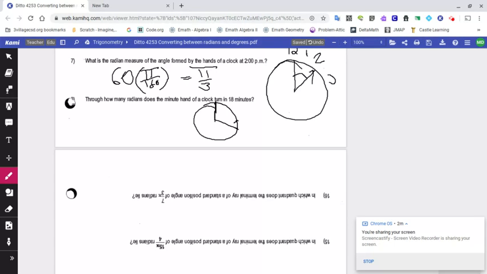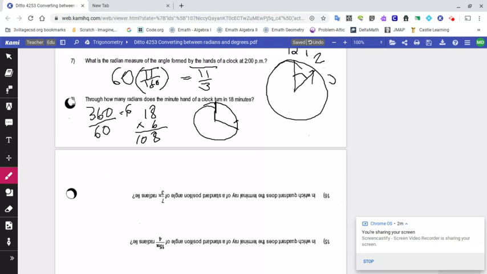Because 360 degrees divided by 60 minutes, each little tick of the minute in the clock is going to be 6 degrees. So 18 times 6 is how many degrees? 18 times 6 is 108.